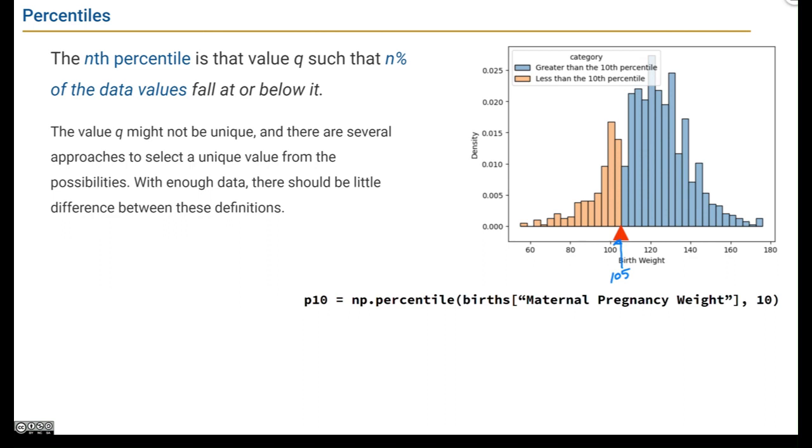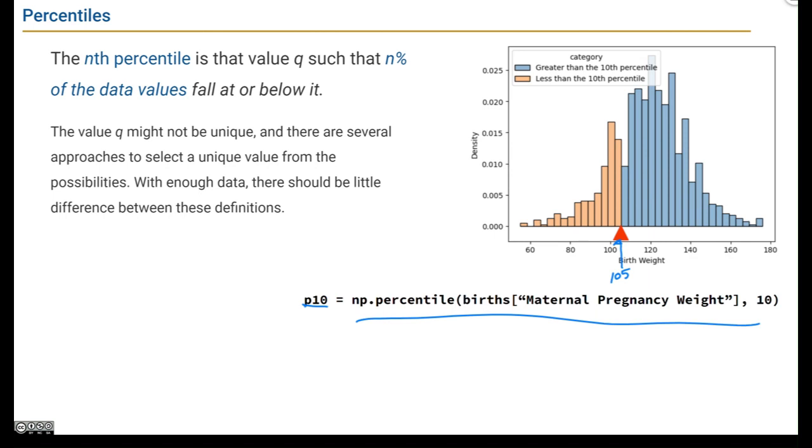And the area to the left of this 105 is 10%. The area to the right is 90%. And so we call 105 the 10th percentile. And we can calculate it with the built-in function here in NumPy. In general, this is the value such that 10% of the data values fall at or below it.